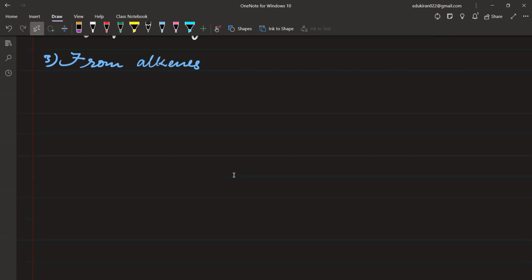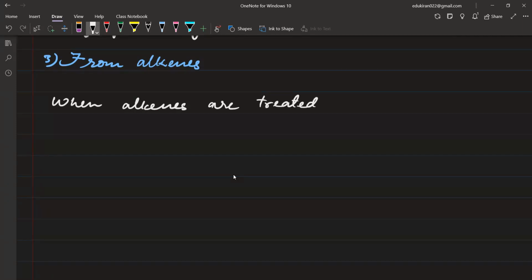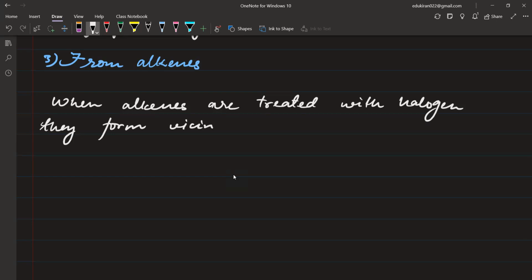When alkenes are treated with halogen, whenever I write halogen, please understand it is F2, Br2, Cl2, I2, and all of these. HBr and so on are not halogens, those are halogen acids. Halogen, they form vicinal dihalides.